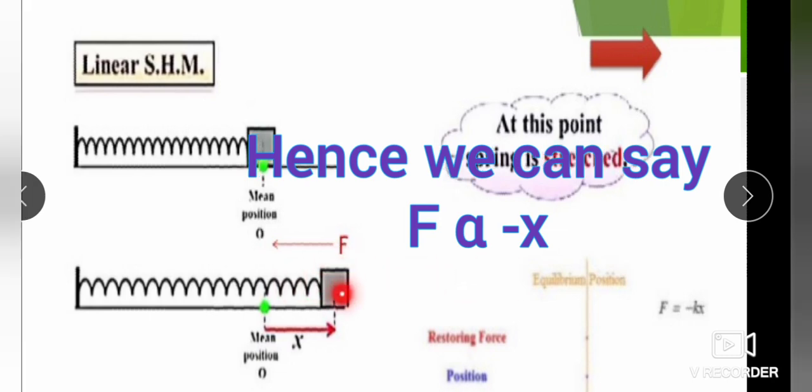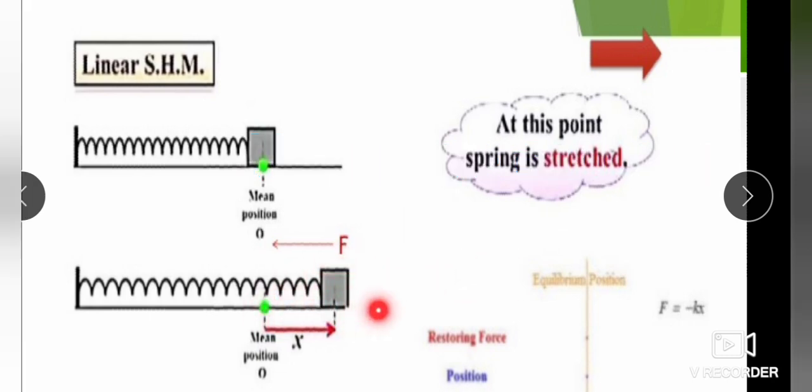So force and displacement are directly proportional, and if displacement is to the right, force is to the left, motion is to the left, and hence they are oppositely directed.